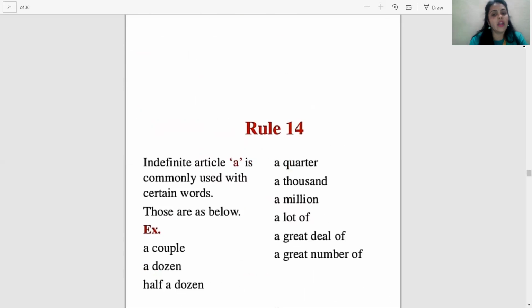Rule 14. There are a few more expressions which we always use. Indefinite articles are commonly used with certain words. A couple, a dozen, half a dozen, a quarter, a thousand, a million, a lot of, a great deal of, a great number of.